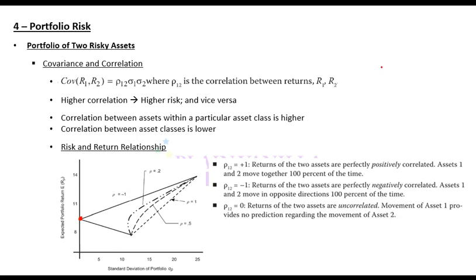Or let's say that two assets are perfectly negatively correlated: A goes up, B goes down, no matter what. Then risk will become 0. So if two assets are perfectly negatively correlated, if one goes up, the other goes down, then risk can be completely eliminated.